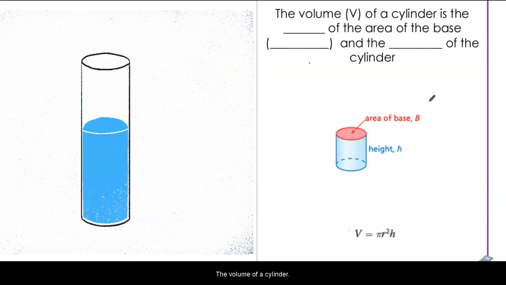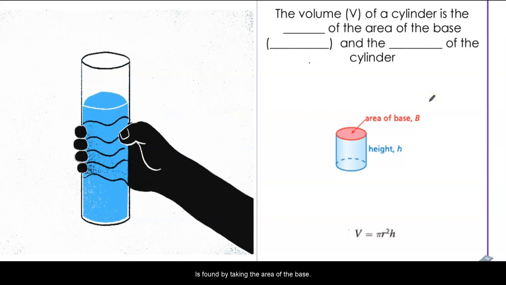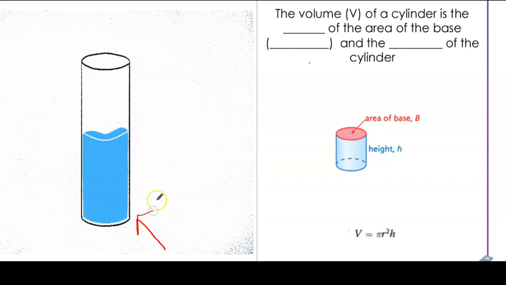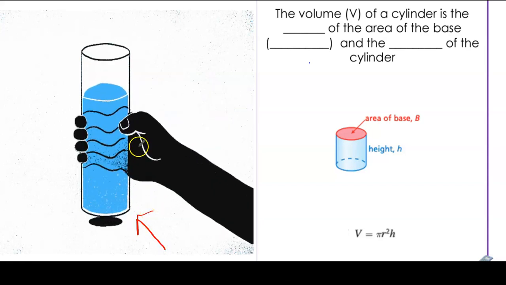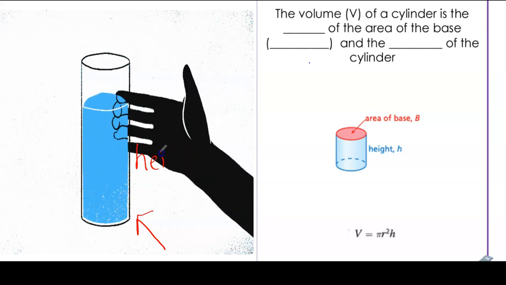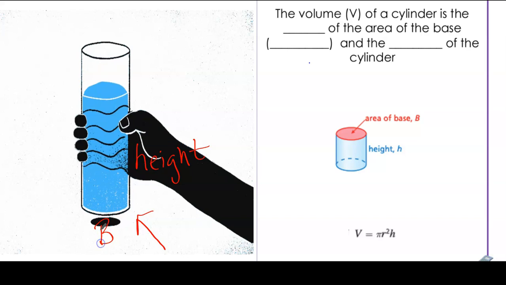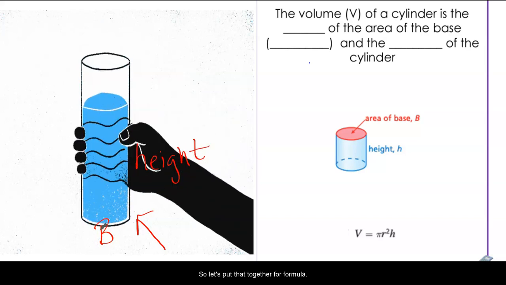The volume of a cylinder is found by taking the area of the base and multiplying it by the height. So let's put that together for our formula.